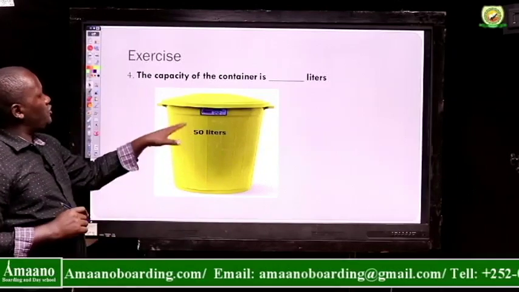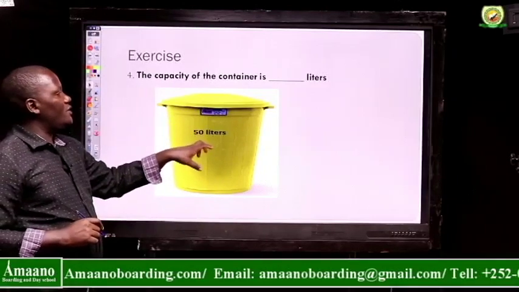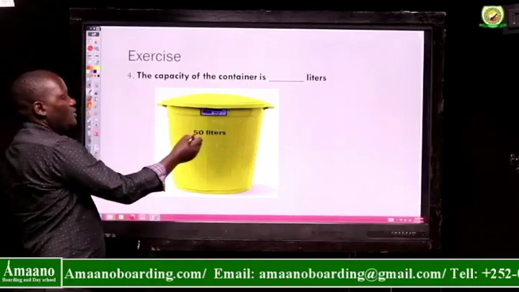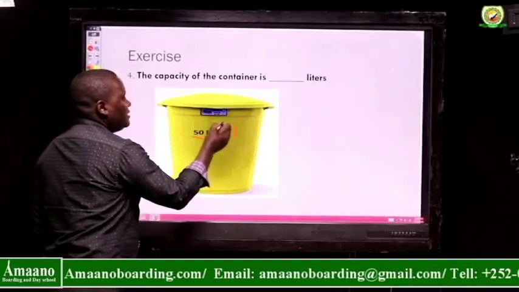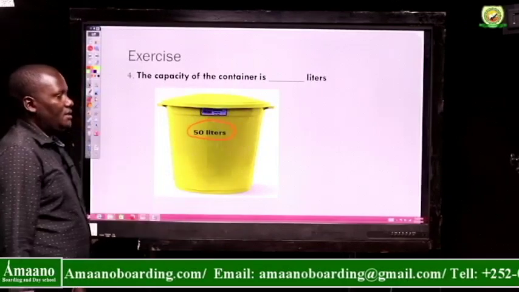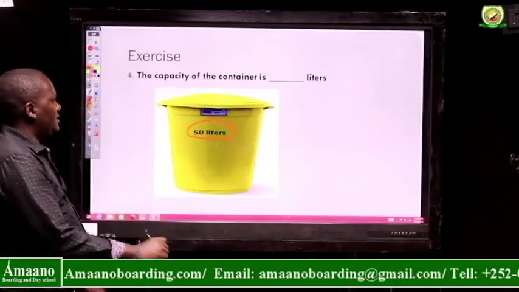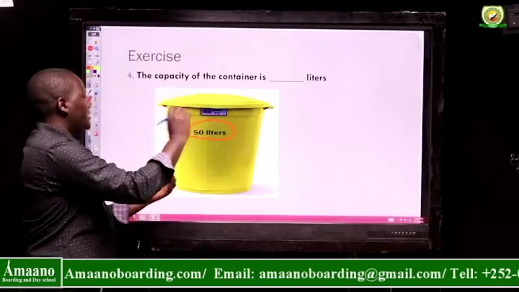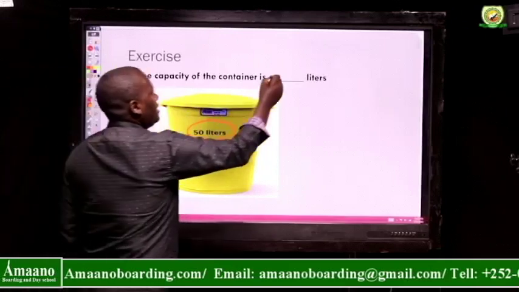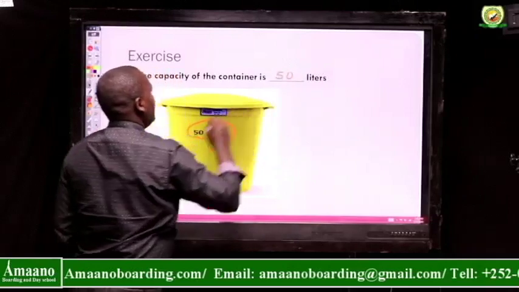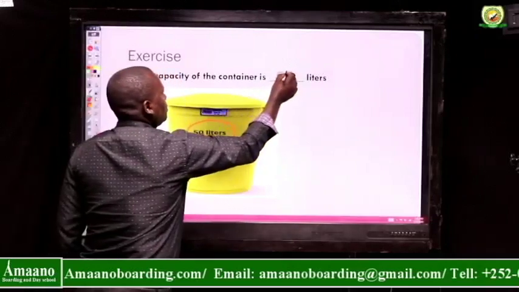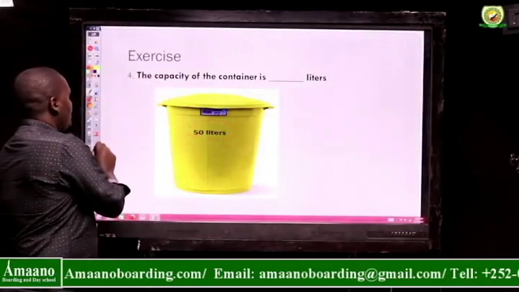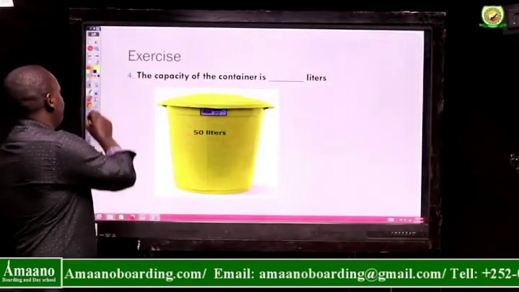For me to know how many liters it can hold, I only read what is written outside, the capacity written outside this bucket. That means this bucket holds 50 liters. So I'll write here 50 liters.